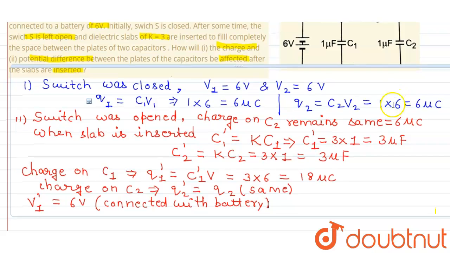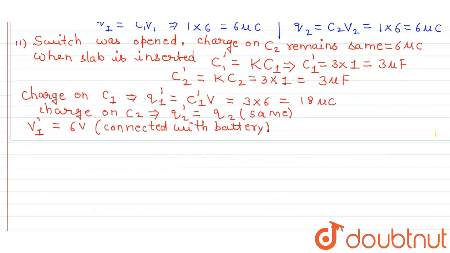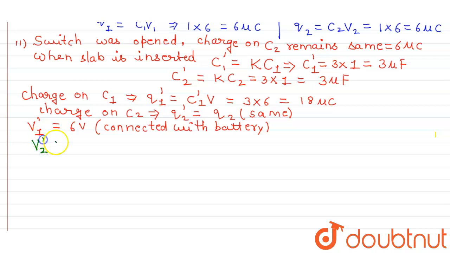So for the second one, the potential difference across the second capacitor is V equals Q by C, that is the new charge Q2 dash upon the new capacitance C2 dash.